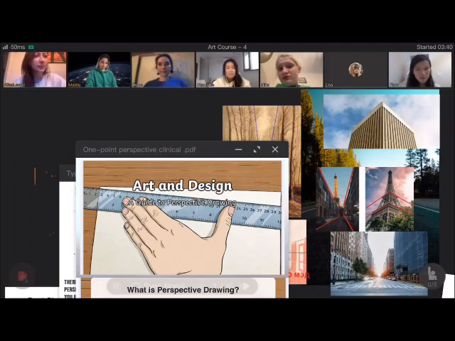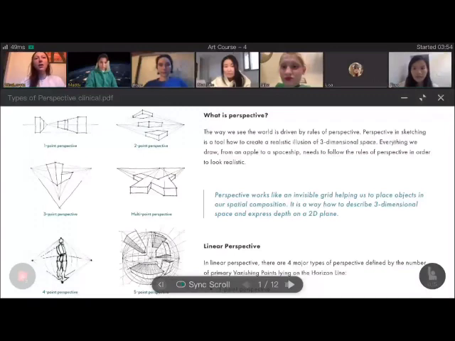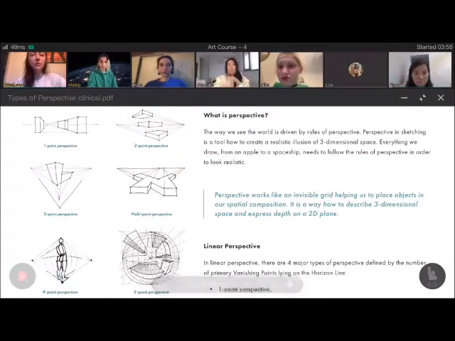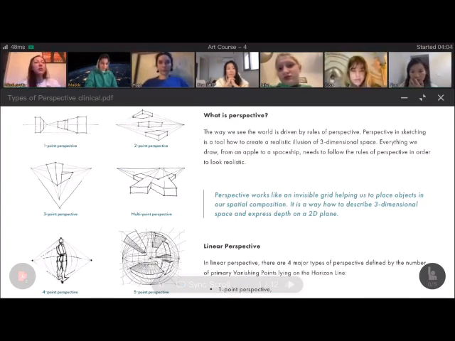Just like in these images in front of you. Here are a few types of perspective. Perspective can be of different types. The points of view can be different.